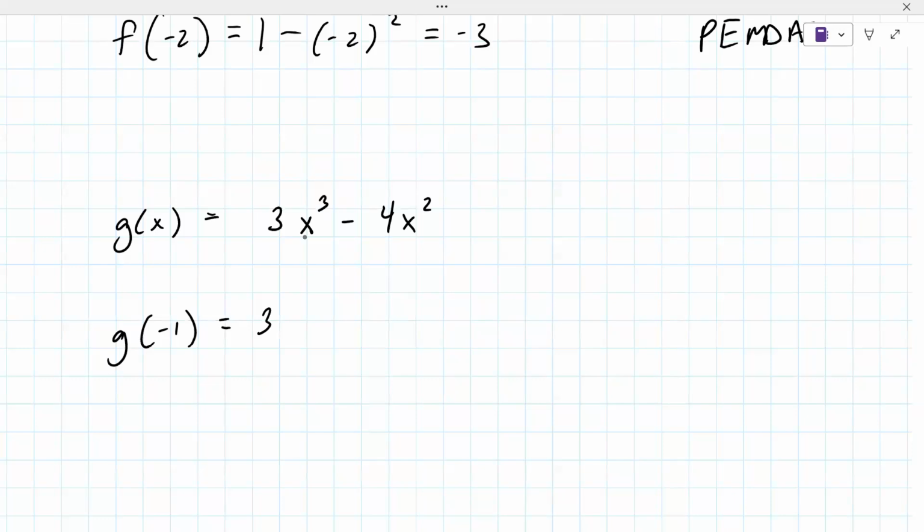It is -7. So that idea here of putting that number in parentheses gets you to -3 minus 4, which is -7. Good.